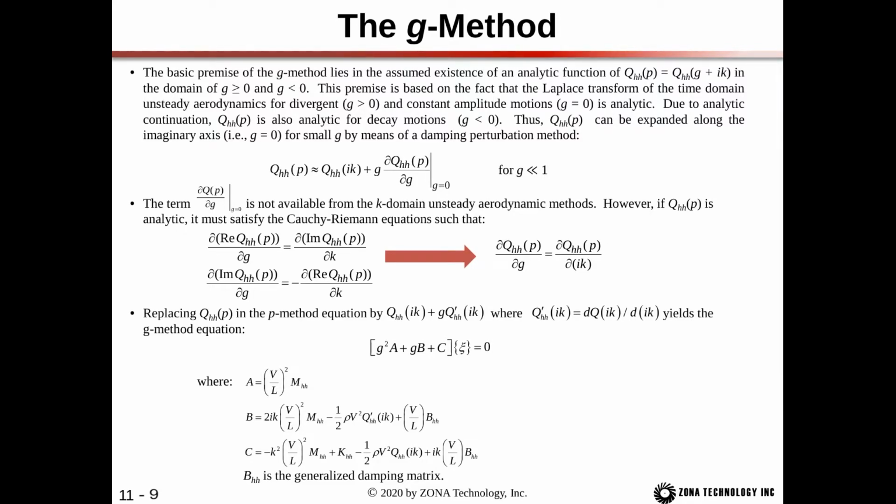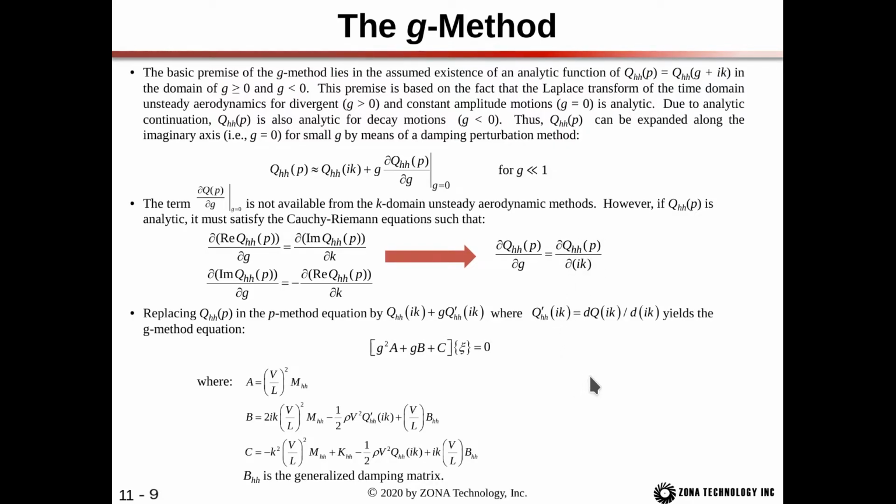However, if QHH of p is analytic, then it must satisfy the Cauchy-Riemann equations. These are the Cauchy-Riemann equations, so that the partial derivative of QHH of p with respect to g equals the partial derivative of QHH of p with respect to ik. And this quantity is available to us.